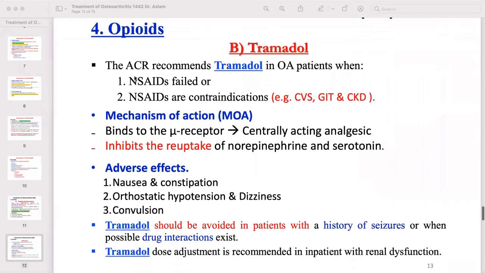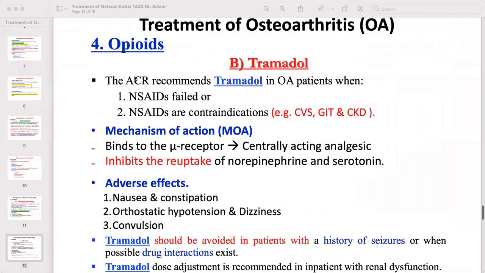From the categories of the opioid, the next example is tramadol. The American College of Rheumatology recommends tramadol in osteoarthritis patients when non-steroidal anti-inflammatory drugs failed or contraindicated.